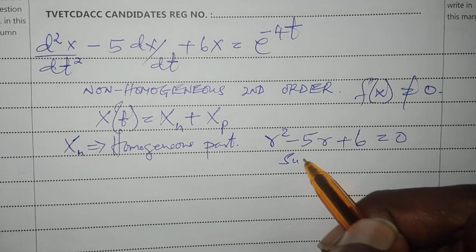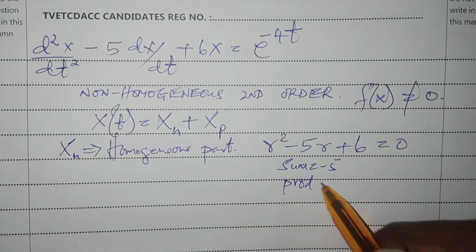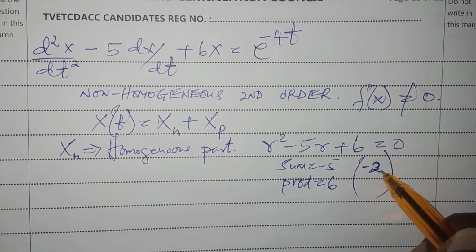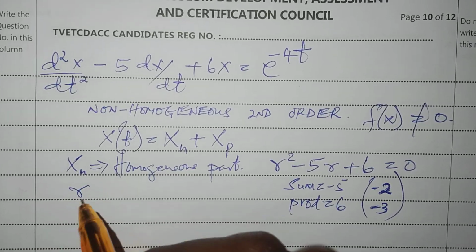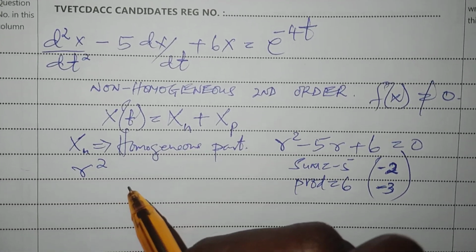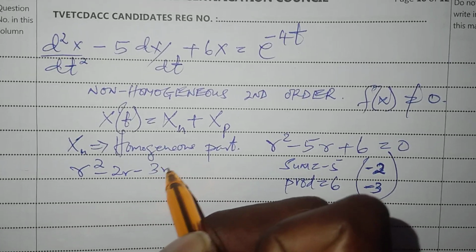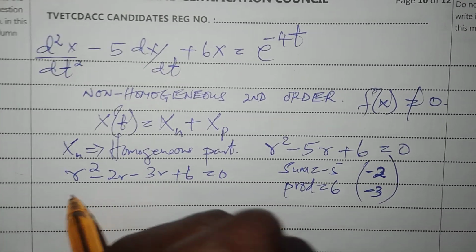Here the sum is negative 5, the product is positive 6. So you have negative 2 and negative 3. So you have r squared minus 2r minus 3r plus 6 is equal to 0.